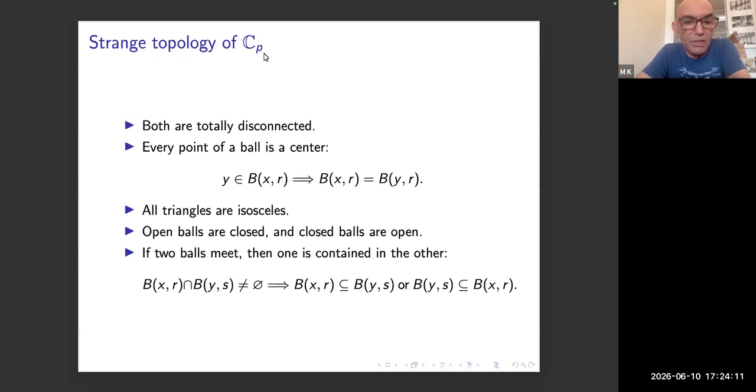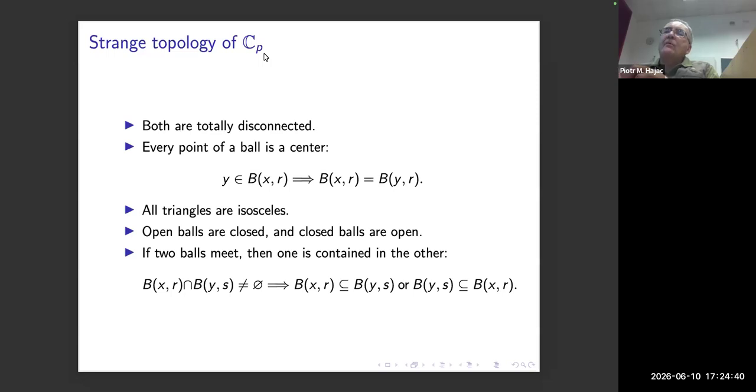They are zero-dimensional essentially, but they are not discrete. Every point of a ball is a center. If you take any point in a ball, it's the center of the ball. All triangles are isosceles. If you take any triangle, two of the sides are equal. Open balls are closed and closed balls are open.